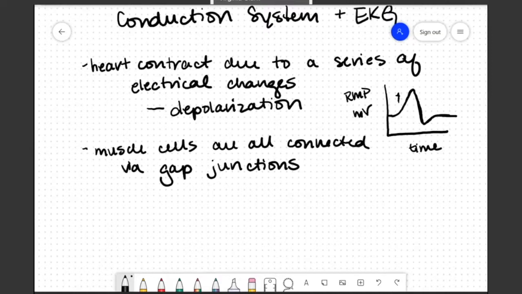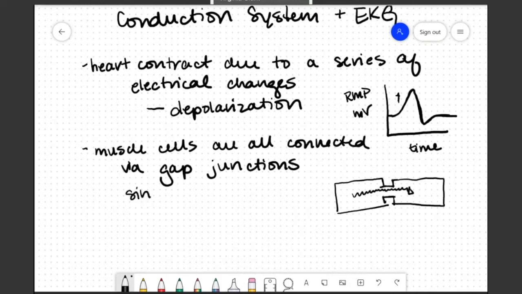So that means if we have a muscle cell right here and a muscle cell right here, again, this is just a very generic perspective, gap junctions are referring to the fact that they are not isolated with the plasma wall between them. It means that they are actually connected via a tunnel that has a gap where you have continuous movement of the cytoplasm from one cell to the other.